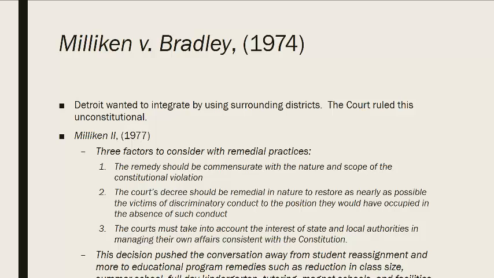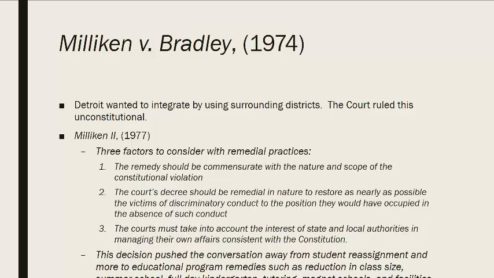The Milliken 2 case in 77, the justices stated there are three factors to consider with remedial practices facing districts who are considered dual systems, dual districts. So number one, the remedy should be commensurate with the nature and scope of the constitutional violation.